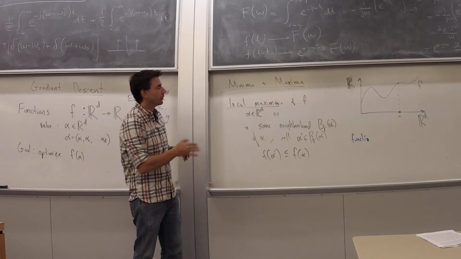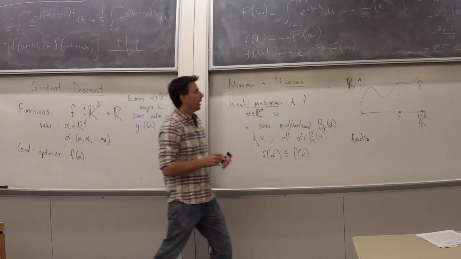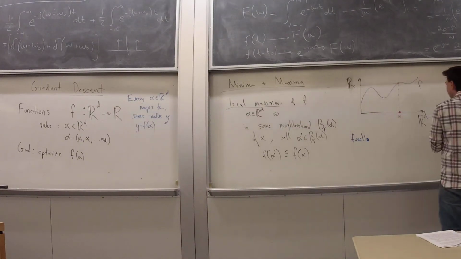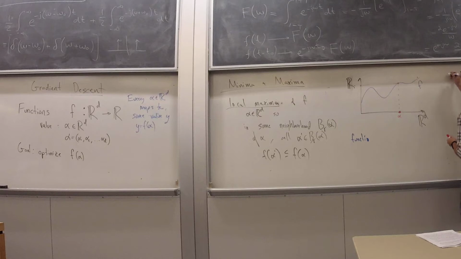Right, yeah. So now we can look at this picture, and a concrete example of a function might be f of alpha 1, alpha 2, alpha 3. I can put 3 values in as input, and this is equivalent to f of alpha, where alpha is a vector. Let's say this is 2 alpha 1 plus 3 alpha 2 squared plus 4 alpha 1 times alpha 3.